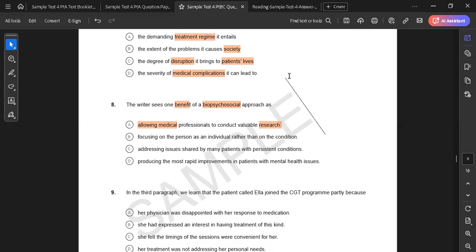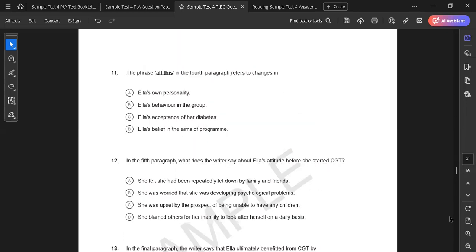What is the main essence of the questions? Some questions are related to opinion, some questions are related to facts, right? Some questions are related to the words, vocabulary, or a phrase like this. Okay, some questions are related to attitudes.